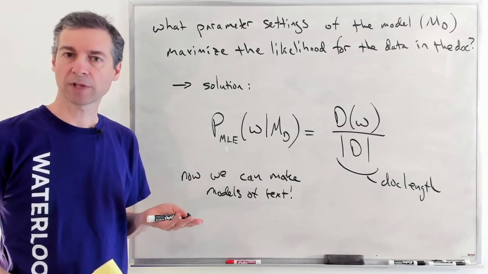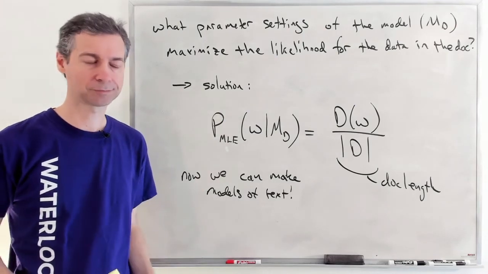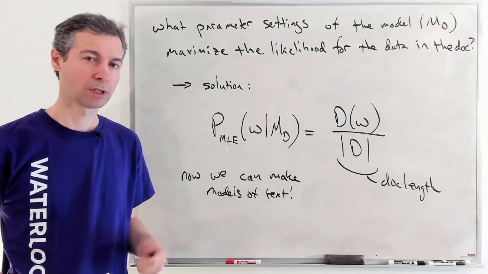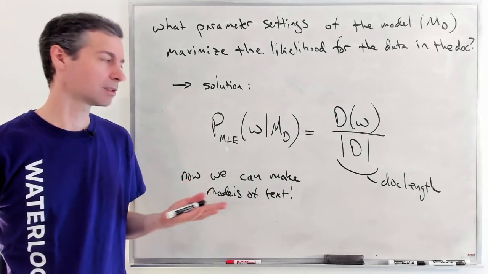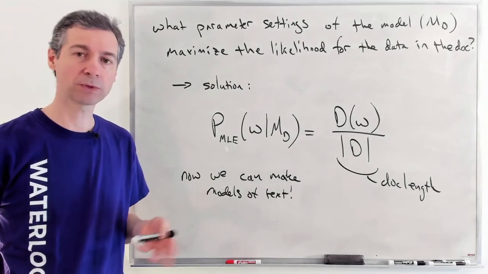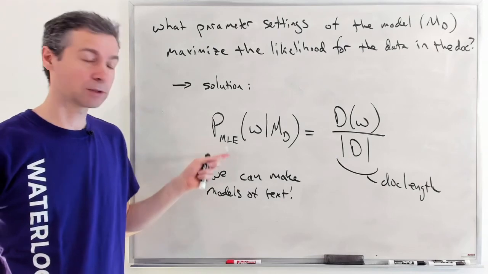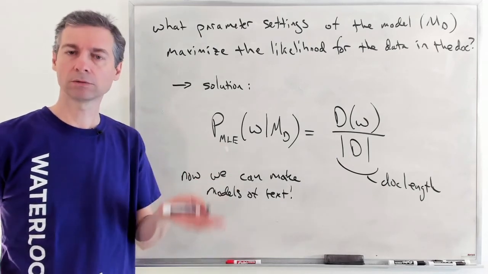Just to foreshadow, say we have a document that talks a lot about gasoline but never uses the word petrol. We might want to say there's some probability for the word petrol in there, even though maximum likelihood estimation would say the probability of petrol is 0.